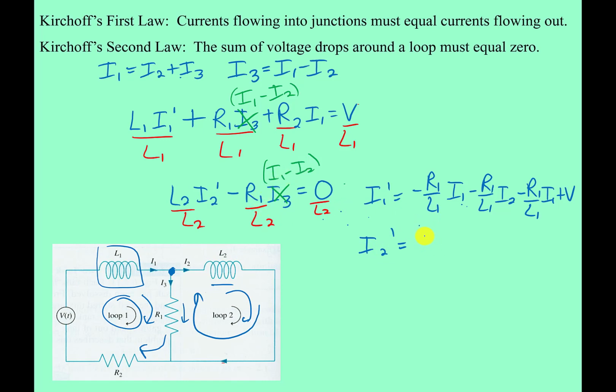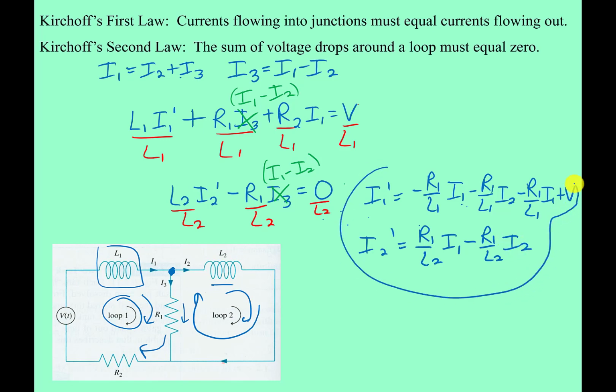This was a minus already, so it's going to be a plus R1 over L2 I1, and then this minus and this minus make this a plus, so when we move it over it's going to be a minus R1 over L2 I2. So this is our system of equations.